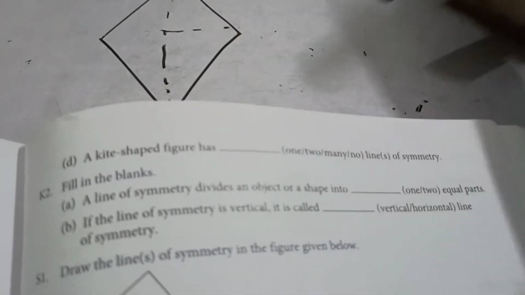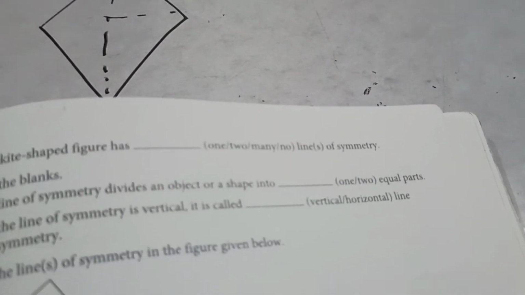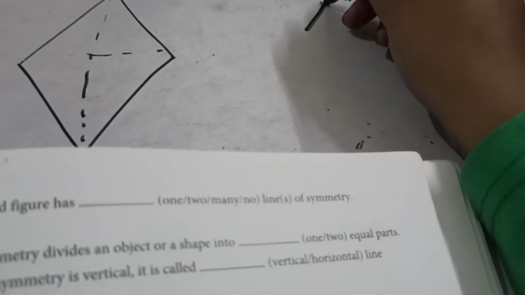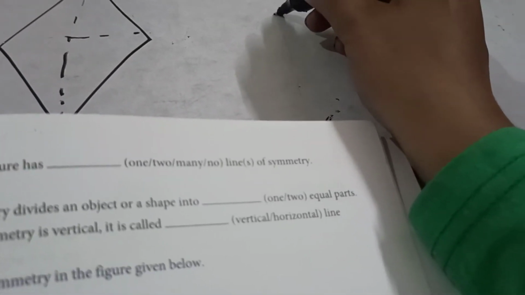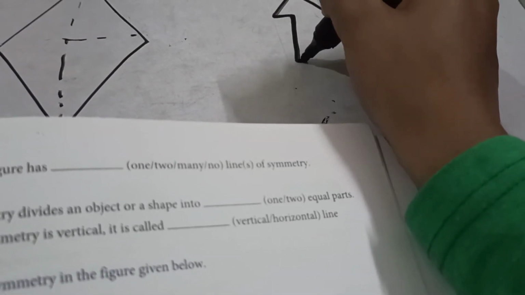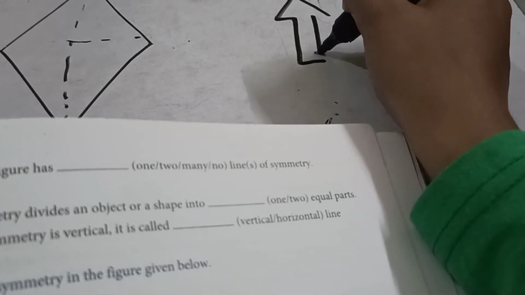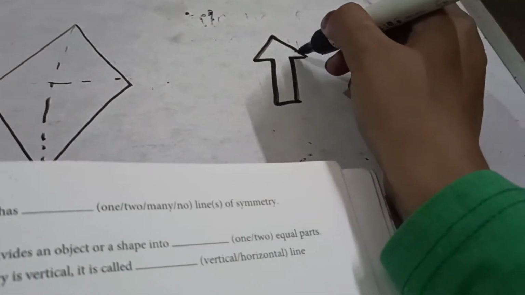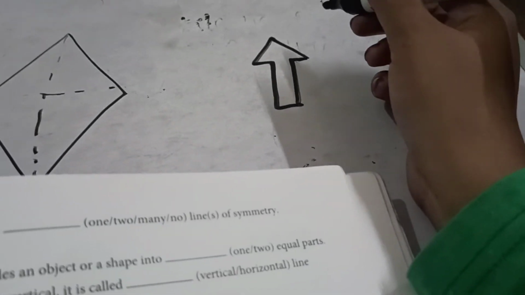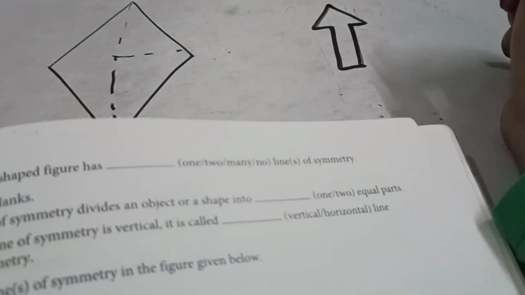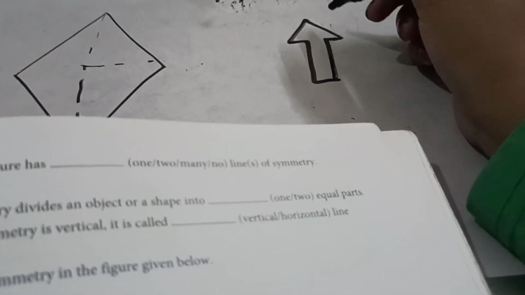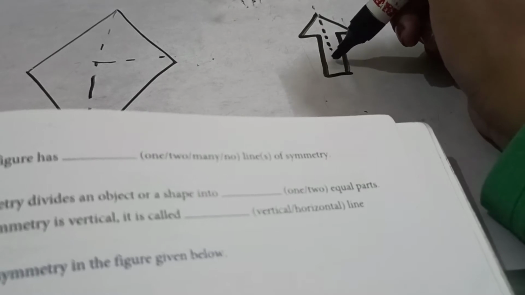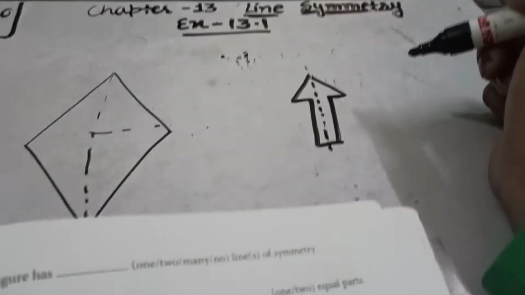After this, S2 again, that is the shape of an arrow. Which type of shape? Arrow shape, like this. Like this one. These types of arrows are used on the path, right? So here the line of symmetry is this one, vertical, right?